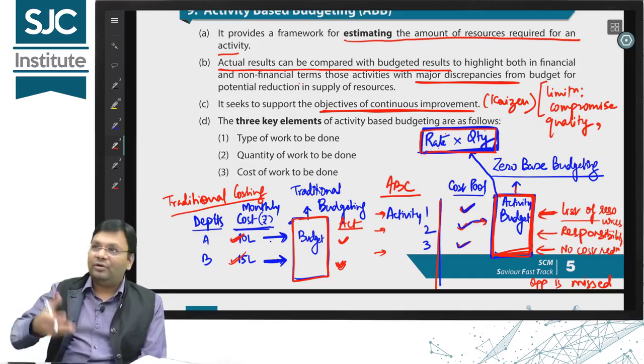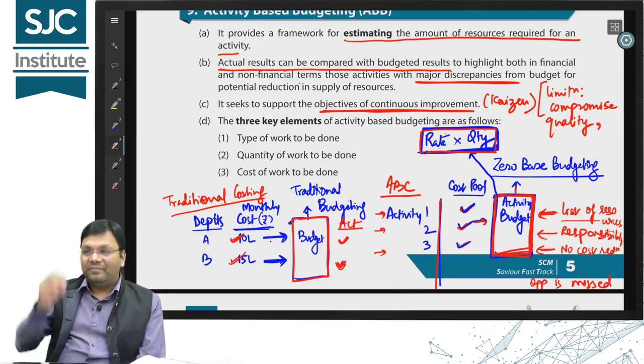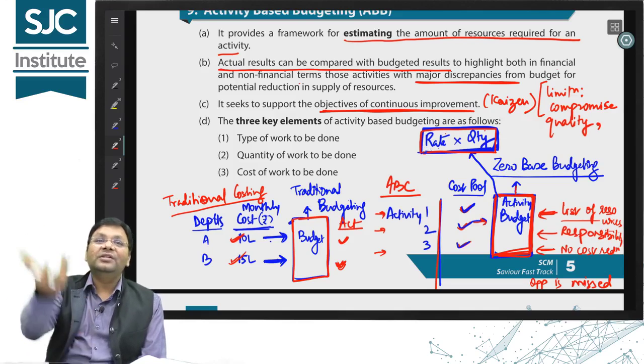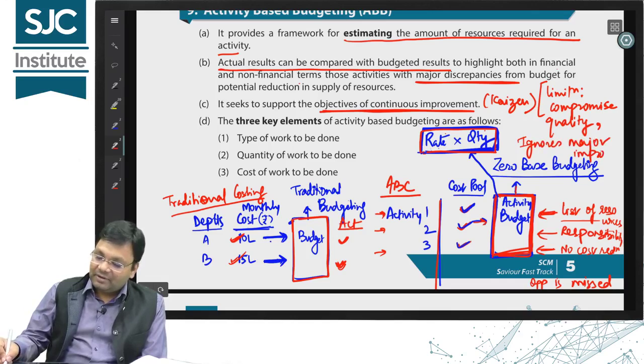You should try to bring a drastic improvement also if possible. So they become so myopic that they are only focusing on chindi improvements. So I will say another limitation is: ignores major improvement. Even if it is possible, it doesn't come in their eyes, because they are only focusing on microscopic things.